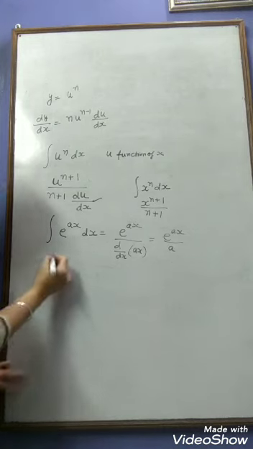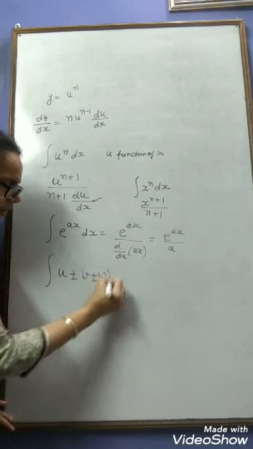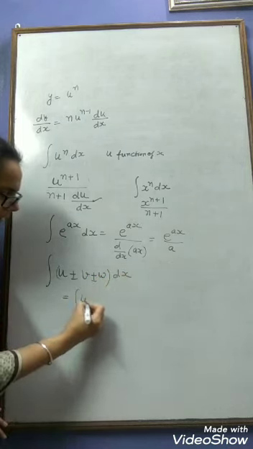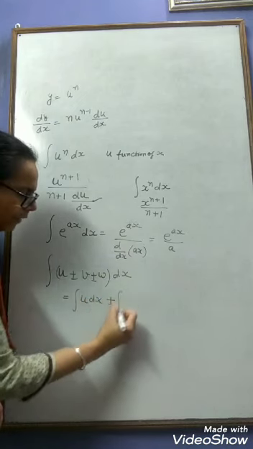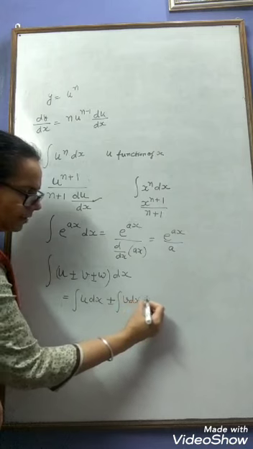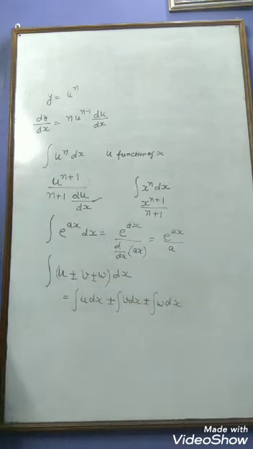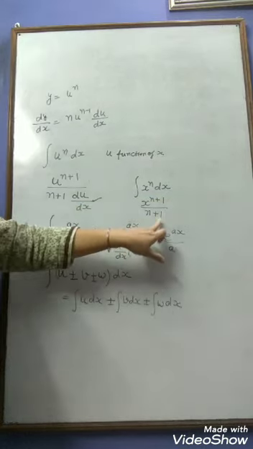And if we have terms added, then how do we integrate? Separate rule. Just as we did the derivative separately, we do the integration separately. So the integral of dx is x, 1 by x gives log x, or x^n gives x^(n+1) over n+1.